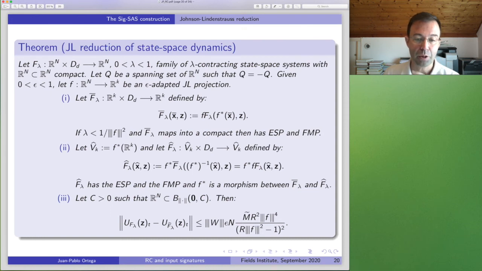Two things that I wanted to emphasize. There is an epsilon here. The importance of this expression is that I can make this error as small as I want. There will be a price to pay on the dimension, because as I told you before, there is a relation between the epsilon and the k. If I want a better approximation, then the gain in dimension reduction will be smaller.